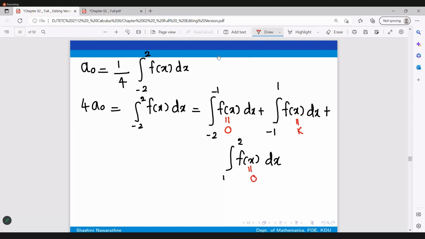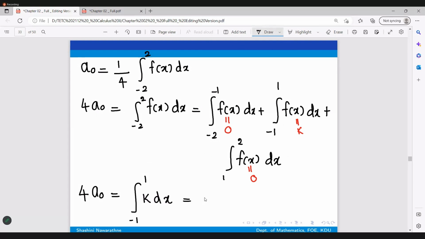So we can write this entire integration. 4 times a naught is equal to the integral from minus 1 to 1 of f of x, where f of x is equal to k now, k dx.